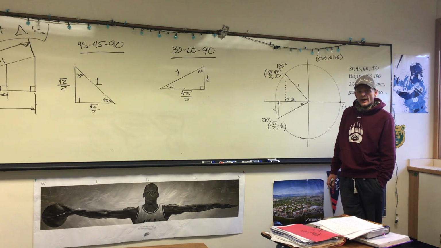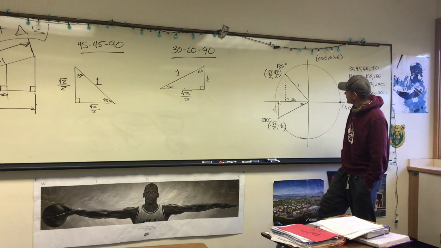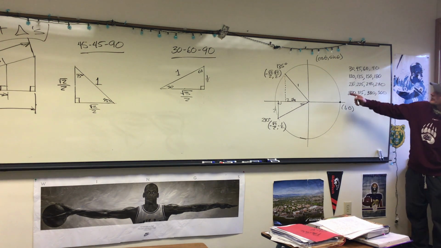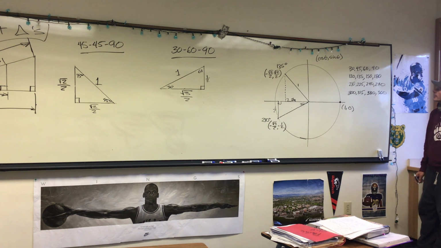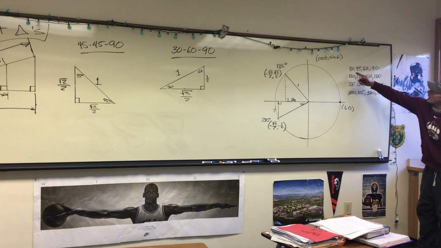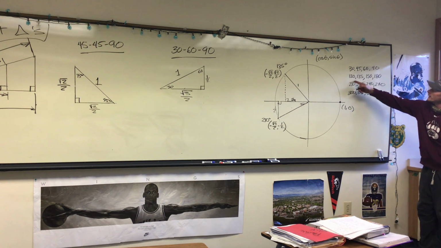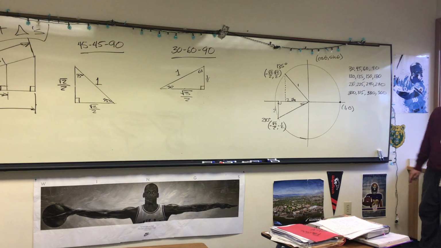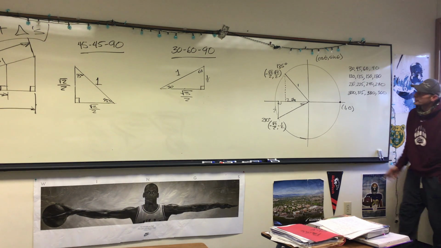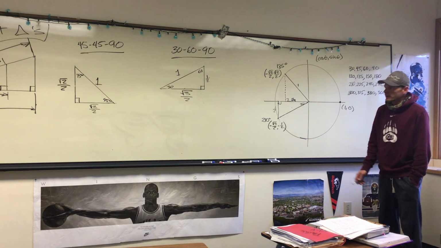Anywho, that's what you're doing for the next assignment. And you want to do this for all the multiples of 30 and 45 that are all on your unit circle. So you want to make a sketch of the unit circle, put all these angles on there, use this special right triangle relationship to fill in the unit circle.